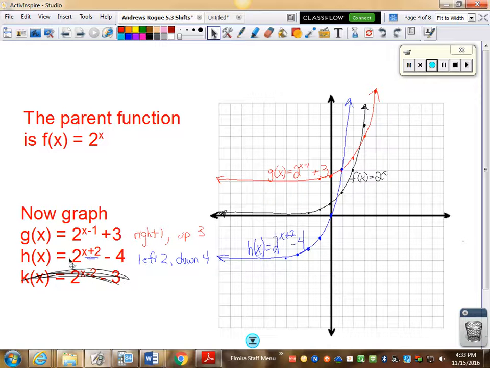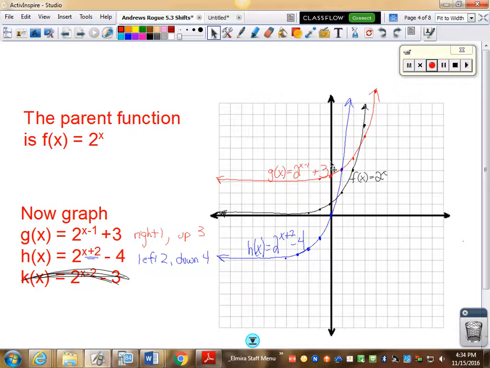H of x has a +2 for just the x and a -4 for the entire function. So that means I'm going left 2 and down 4. So starting here, left 2, down 4. Now, these functions that move up and down change our asymptotes.